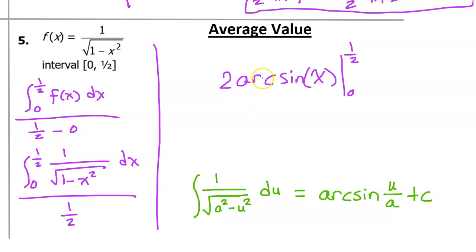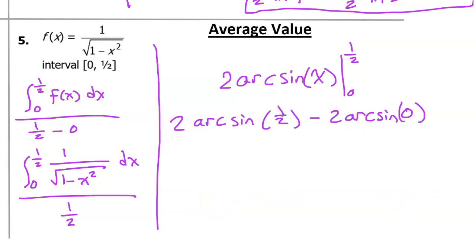the front. To evaluate a definite integral, you need to find the value at the upper limit minus the value at the lower limit. So this will be 2 arcsine 1/2 minus 2 arcsine 0.